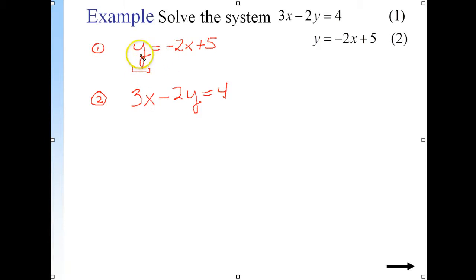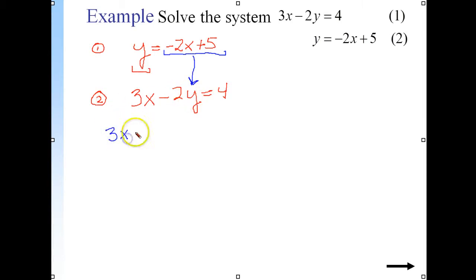We're saying that y is equal to negative 2x plus 5. This is what y is. So if I take this value and replace it for the y in the other equation, I'm going to get this. So 3x minus 2.